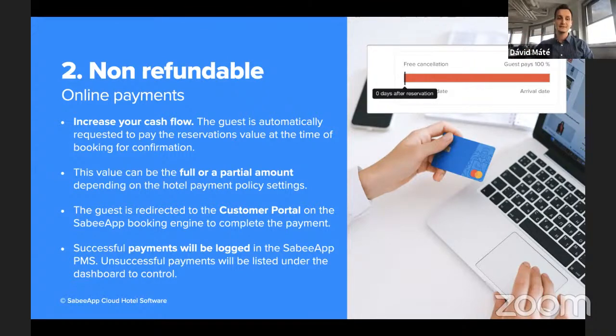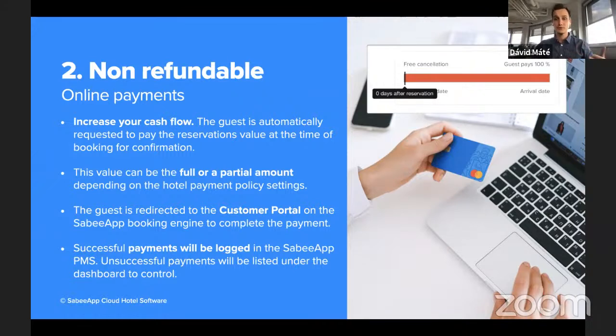And this works in a similar way as the flexible part, except that this is a completed transaction. So we're not talking about pre-authorization, but a completed charge. The guest is notified automatically and is redirected to a customer portal, which is an interface found on the SabeeApp booking engine.